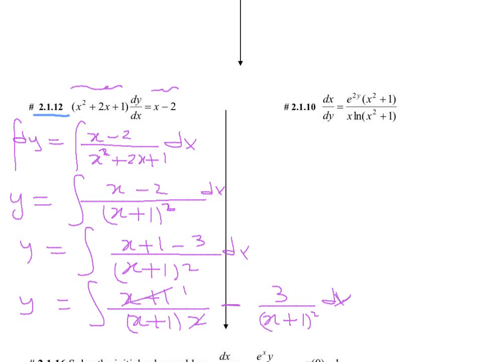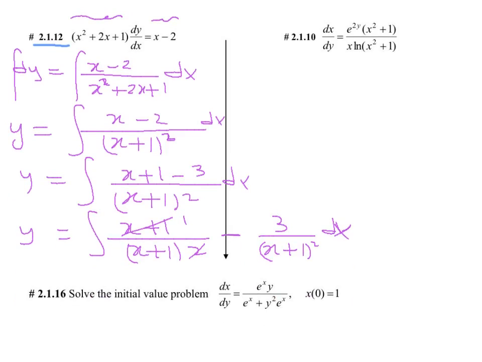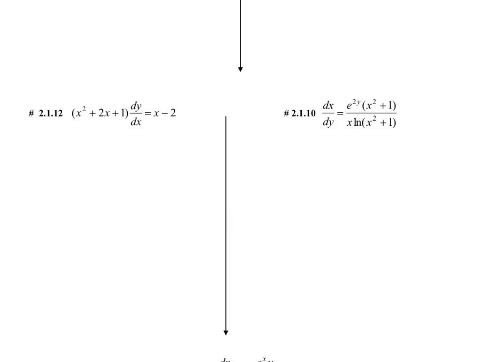So you have y equal integration of 1 over x plus 1, which is ln of x plus 1, then minus 3 times x plus 1 to the power minus 2, which integrates to x plus 1 to the power minus 1 divided by minus 1, so this becomes plus 3 over x plus 1, plus c.